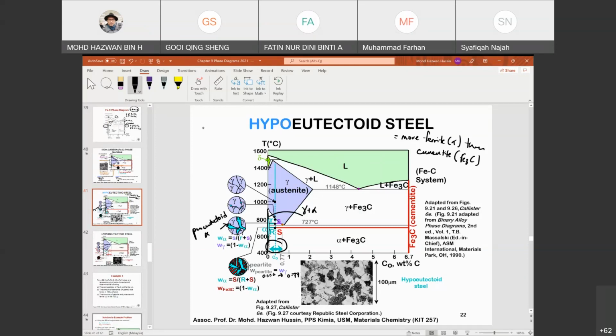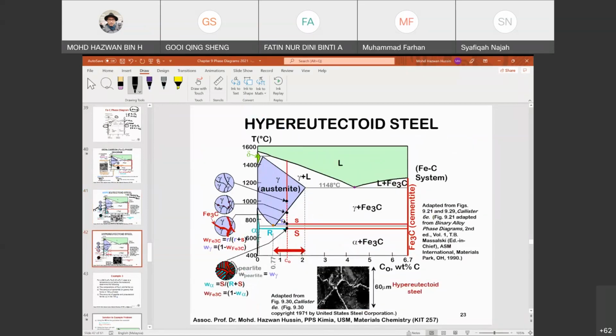But in the eutectoid system, we call it pro-eutectoid because it has more alpha over here. Okay. And finally, when it goes into the region of alpha plus cementite, alpha plus Fe3C, then you will see the formation of a lamellar structure with pro-eutectoid alpha. So this is actually the microstructure. Okay.